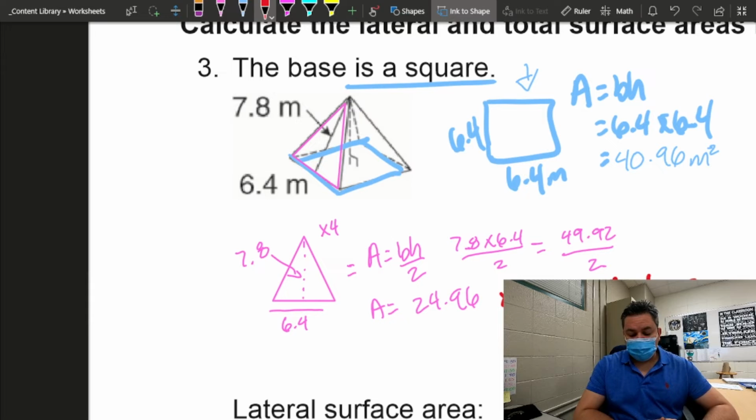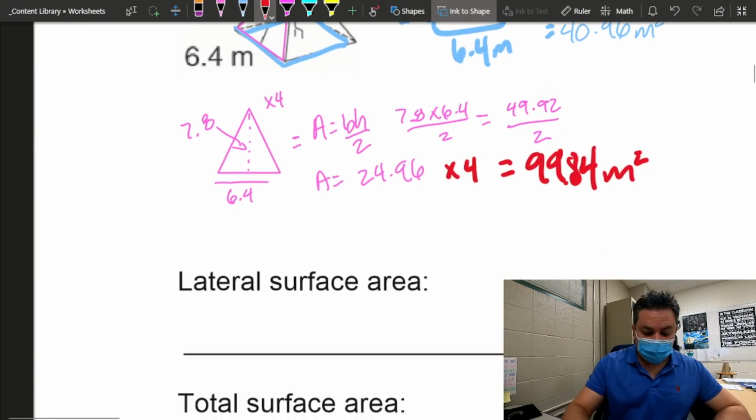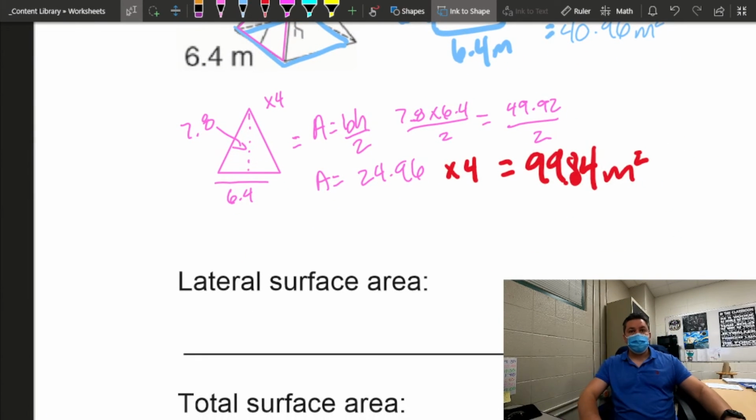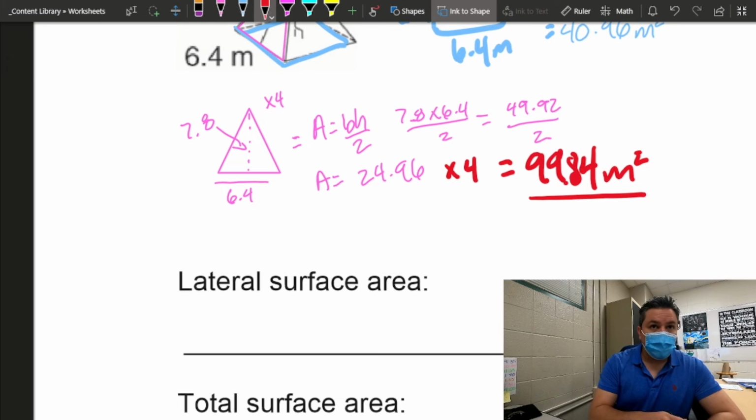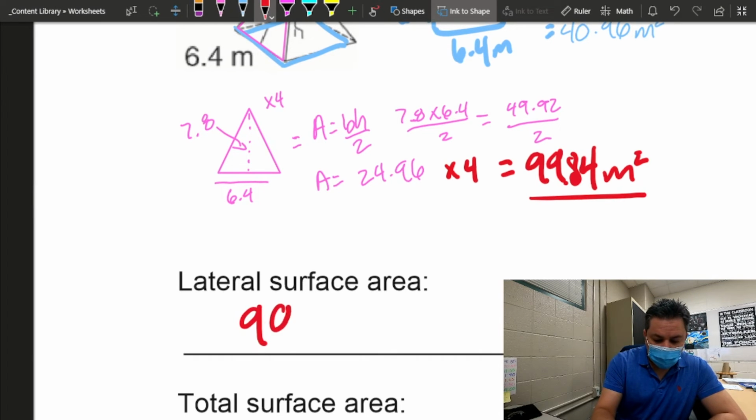So basically, to find the lateral surface area, listen, the lateral surface area does not include the base. So what number did we just find? All the triangles. What's the area for that? What's the lateral surface area? 99.84 meters squared.